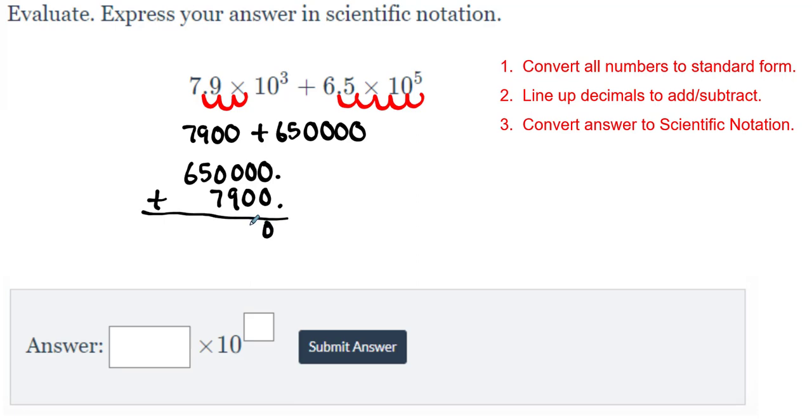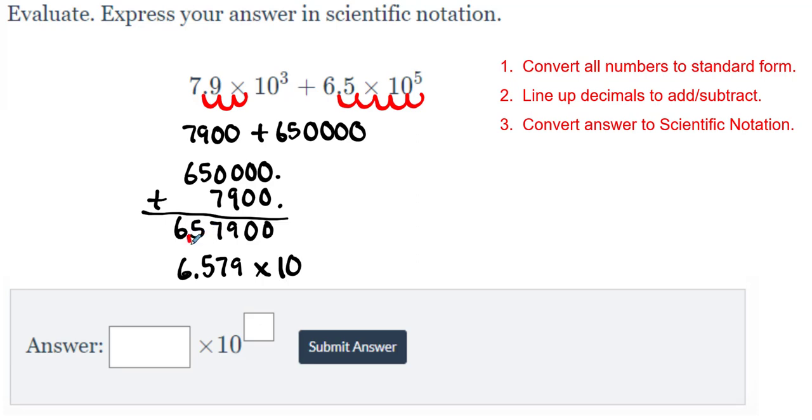0 and 0 is 0, 0, 9, 7, 5, and 6. So it looks like I've got 657,900. I have to go convert this back into scientific. So I'm going to write 6.579, no longer need those zeros, times 10 to the power of, and let's switch to red.